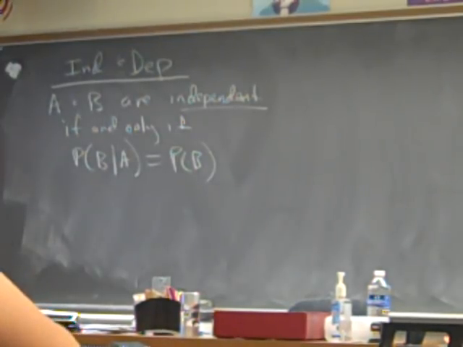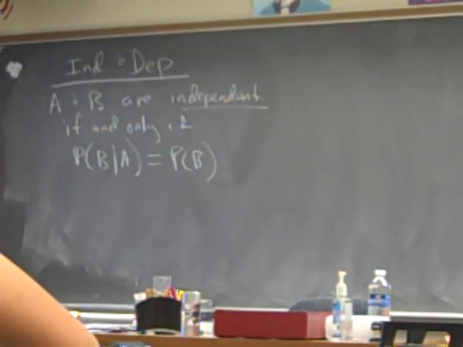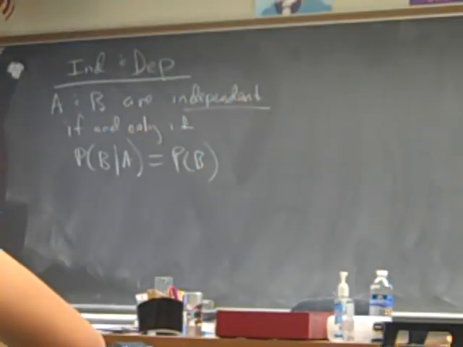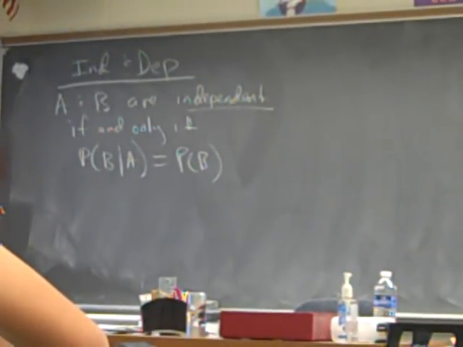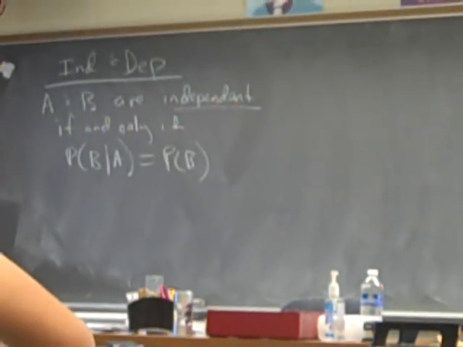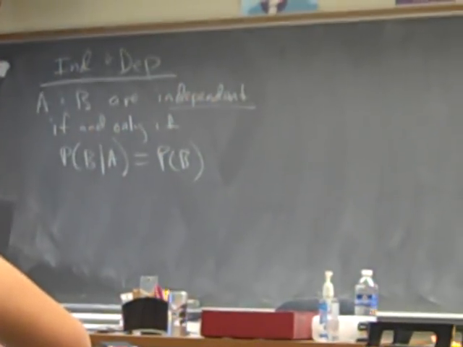So if I said, let's flip a coin and roll a die, what's the probability that I roll an even number, given that I've already flipped a tail? Well, it's not going to make a difference, is it? Those are 2 separate events. They're independent.